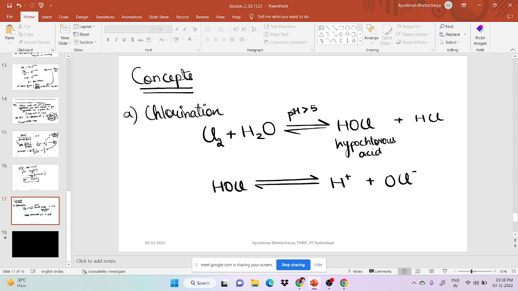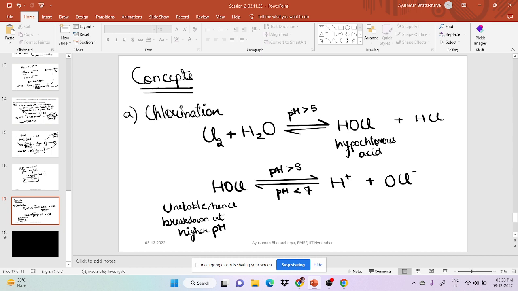So basically HOCl is unstable, hence it breaks down at higher pH. When HOCl dissociates into H plus, it usually happens at pH greater than 8, and HOCl remains HOCl at pH less than 7.